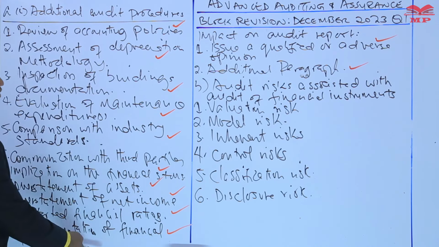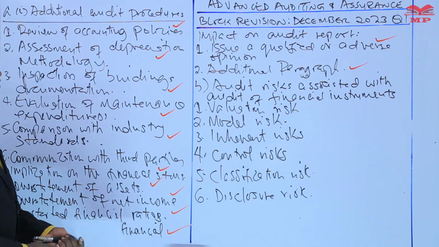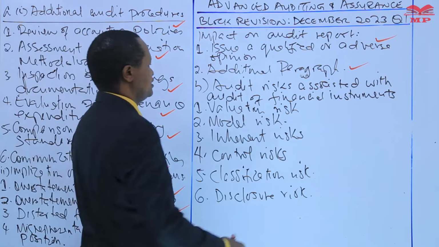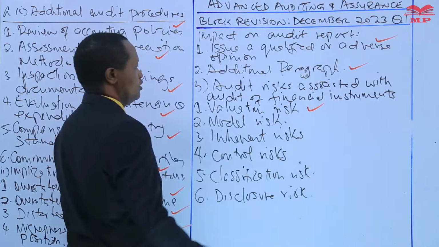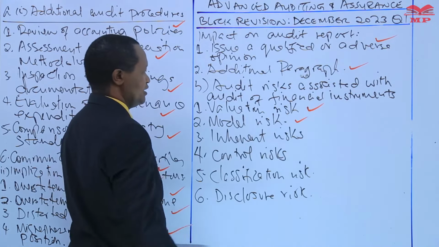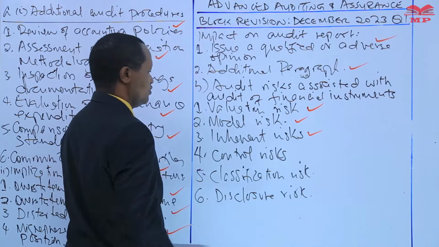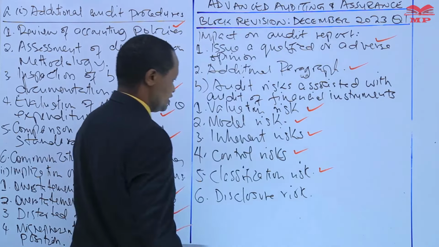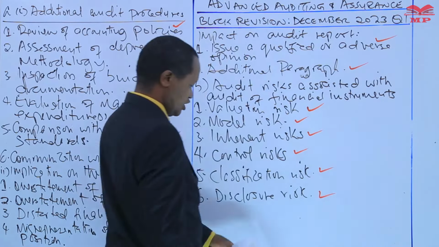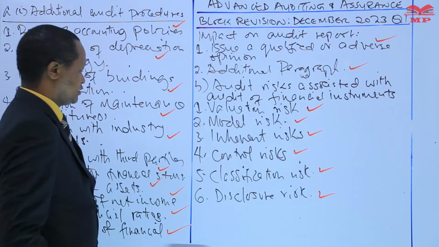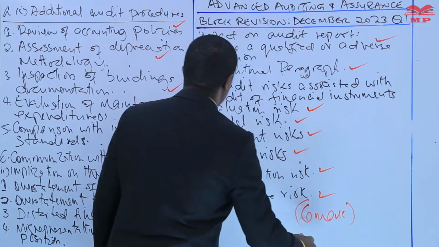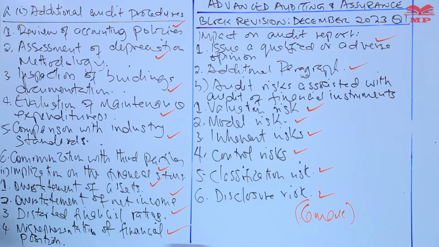So these are 6 audit risks. Candidates were to give 6 audit risks: 1 is valuation risk, 2 model risk, 3 inherent risk, 4 control risk, 5 classification risk, 6 disclosure risk. How many marks? These are 6 marks. Part A of the question, how many marks?